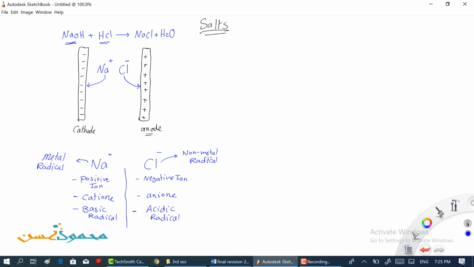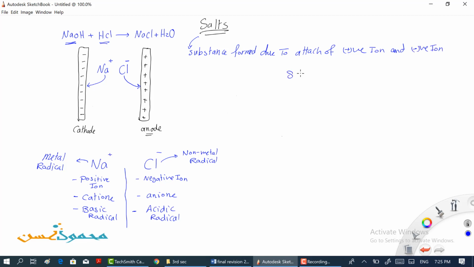So the salts come from the reaction of the acid and base, or the salt definition means a substance formed due to the attachment of the positive ion and the negative ion.